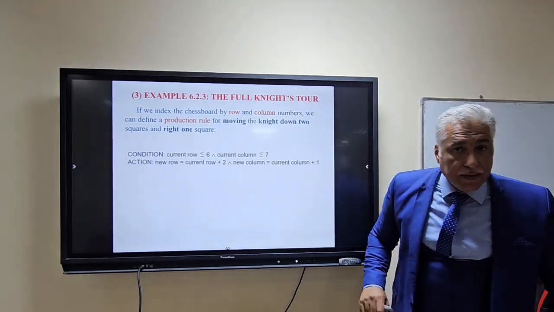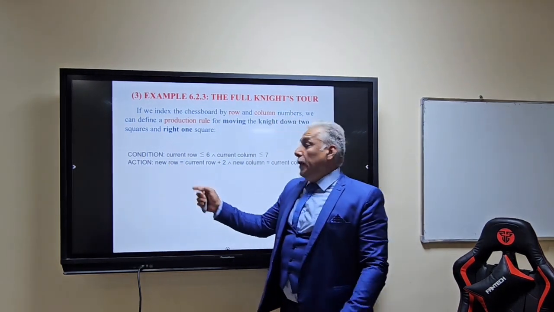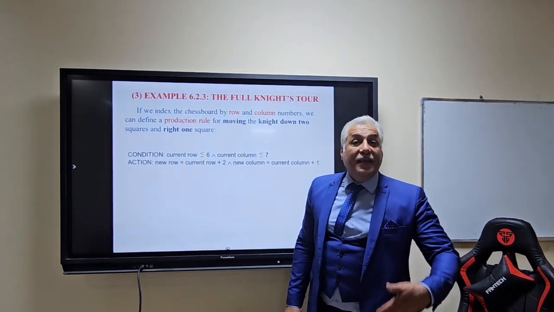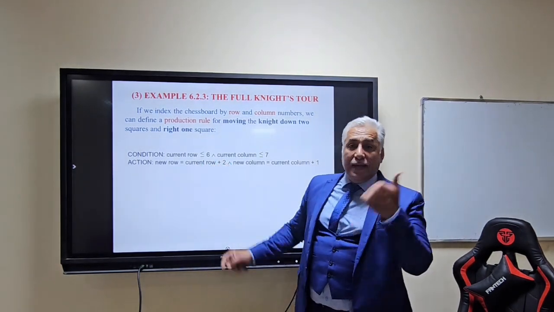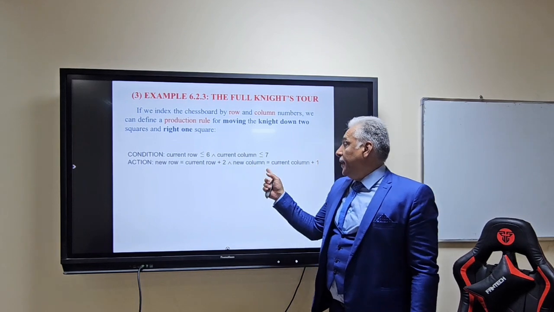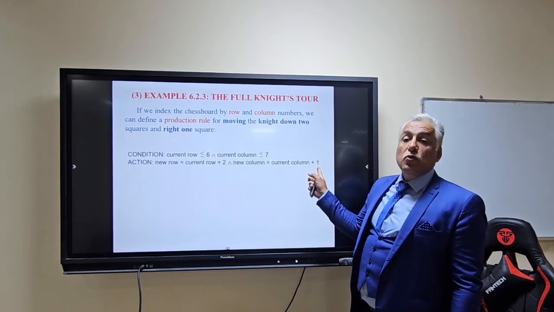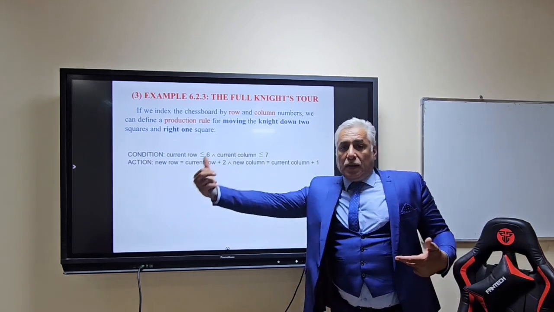If this happens, the action is updating the new row to equal current row plus 2, and updating the new column to current column plus 1. That is 2 rows and 1 column.